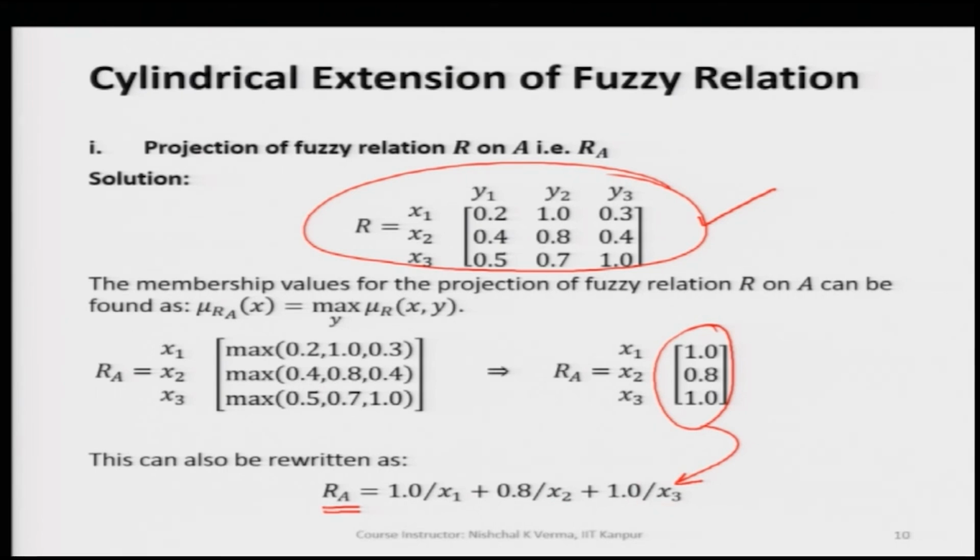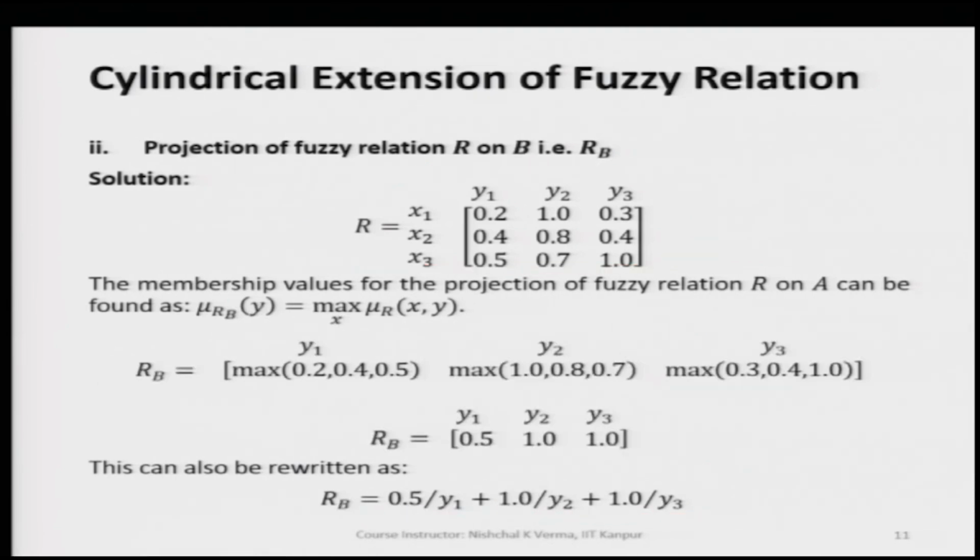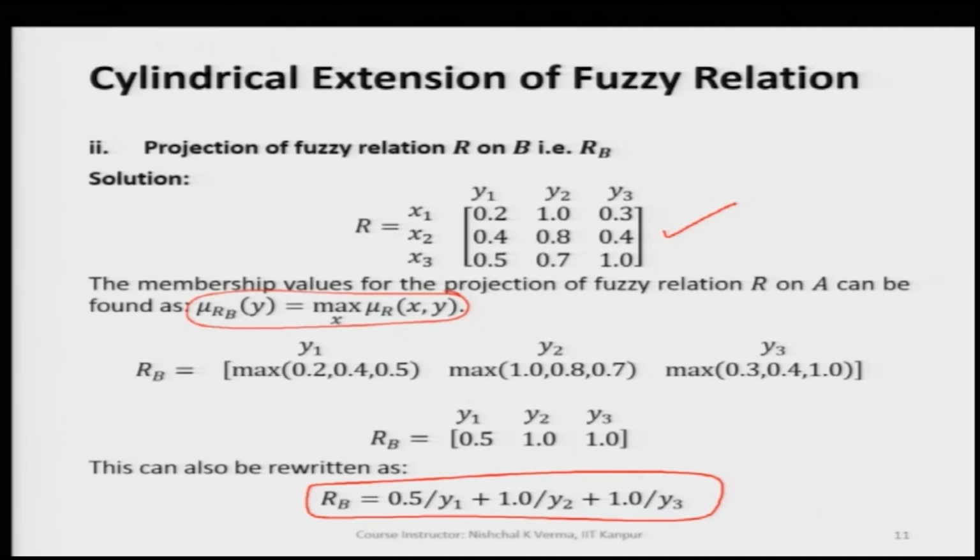So, this way we have got R A. Now, on the same lines we get R B, and we can start from here. The R is in terms of x and y generic variables, and when we use this expression for finding the membership value in the projection, we take max over x.